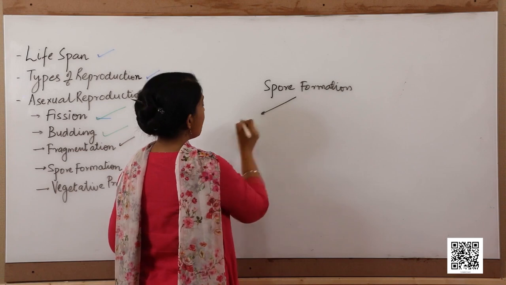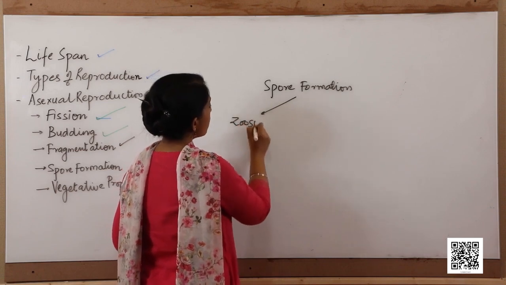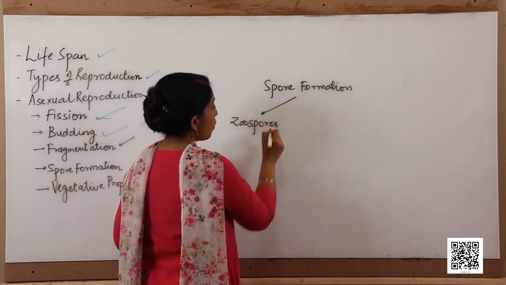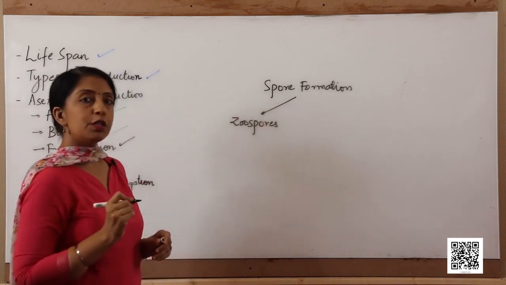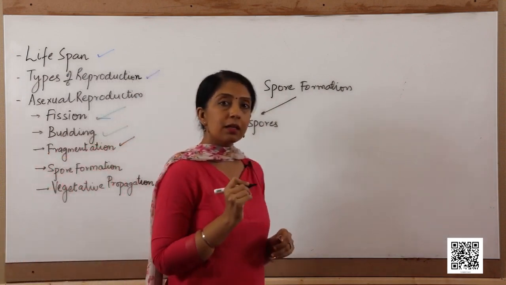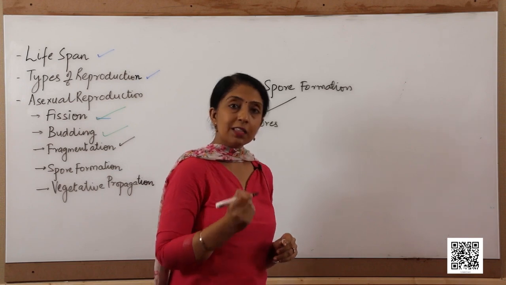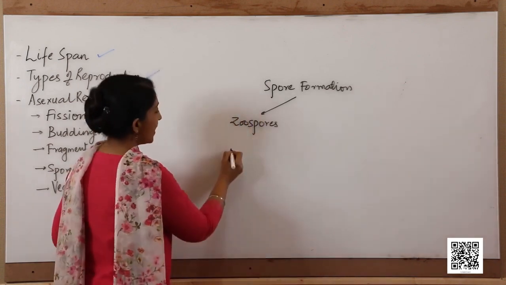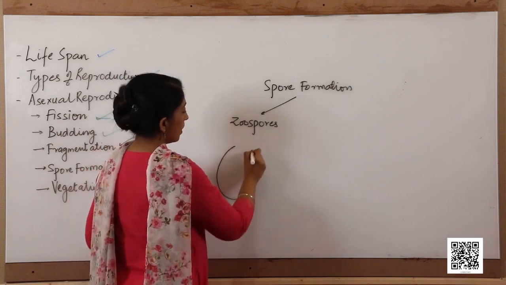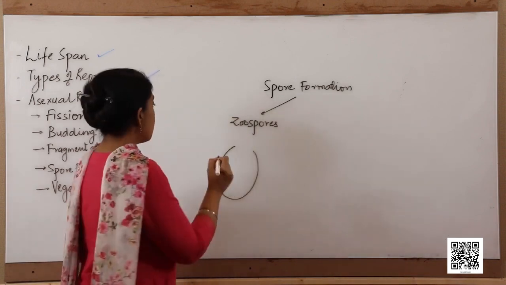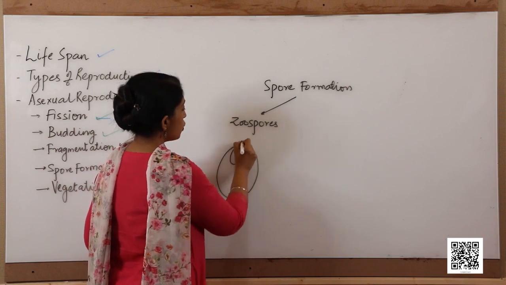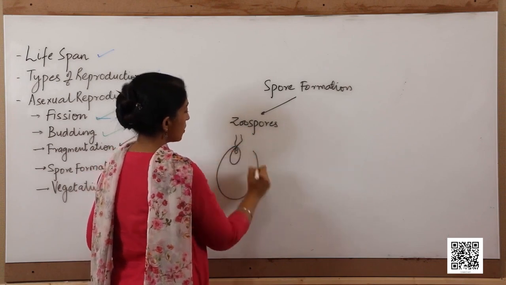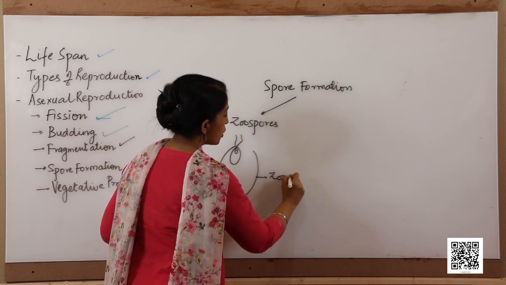So, one type of spores are the zoospores. The zoospores are the motile spores which are formed in aquatic individuals. The organisms that live in water, they form the zoospores. One example is the Chlamydomonas. Chlamydomonas forms zoospores in specialized structures called the zoosporangium.